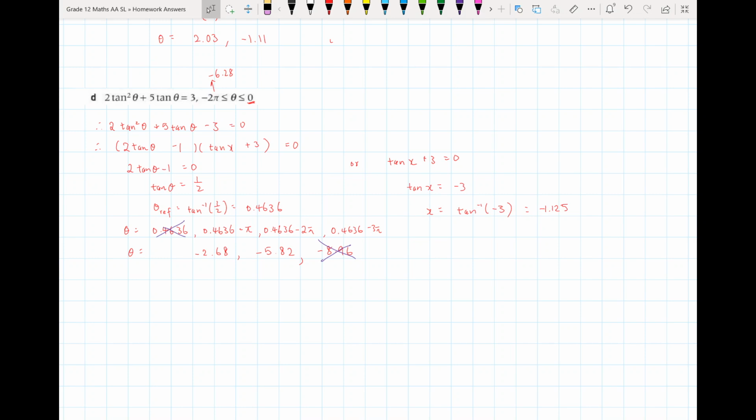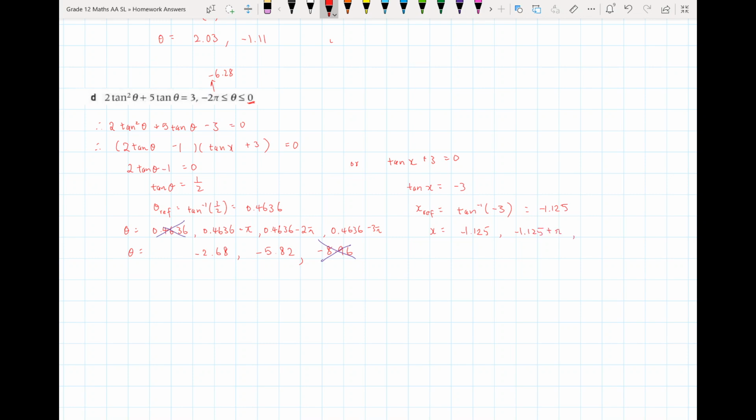So what I do is I will take this answer now. Technically, this is a particular answer. I can still call it reference angle because it still works. So what I do is I will copy this and then I will just keep adding or subtracting multiples of pi.